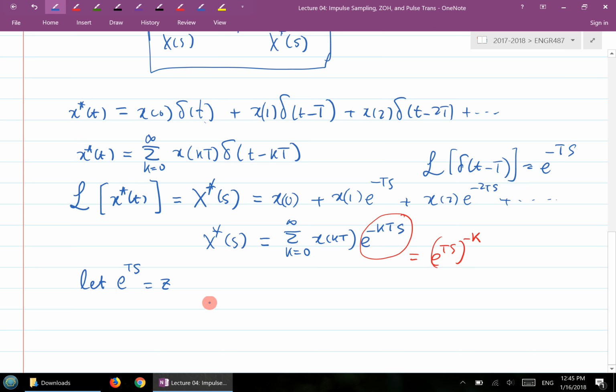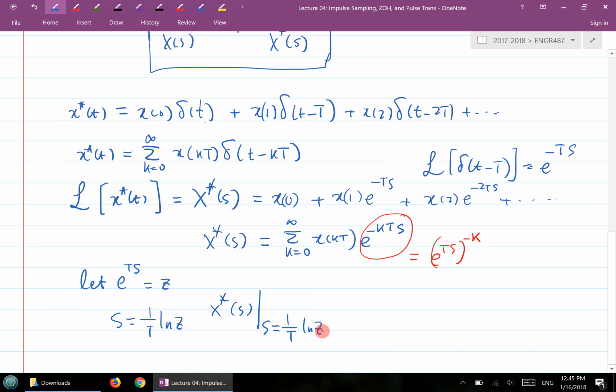Which means for the left side here, the s. Here e to the power of Ts equals z, so that means s is equal to 1 over T ln z. So for the left side, we're doing a substitution with s equal to 1 over T ln z.